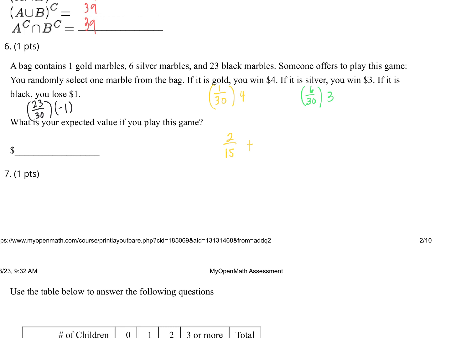That's 3/5. So I'm getting this from here, and then in black, 23/30 times -1. That would be -23/30. And then we're going to add all those up.